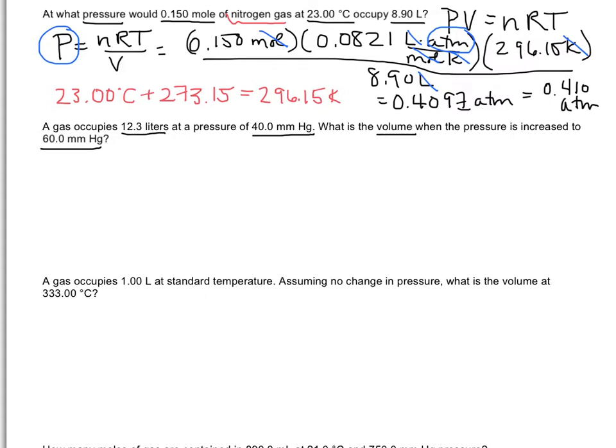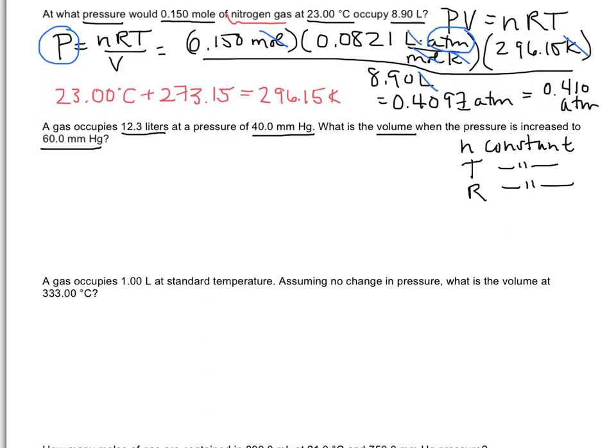So in this case, what we have to recognize is that we can use the ideal gas law in the following way. We can note that n must be constant in this problem because we're just taking the same sample and increasing the pressure. So n is constant, T is constant, and of course R is constant.